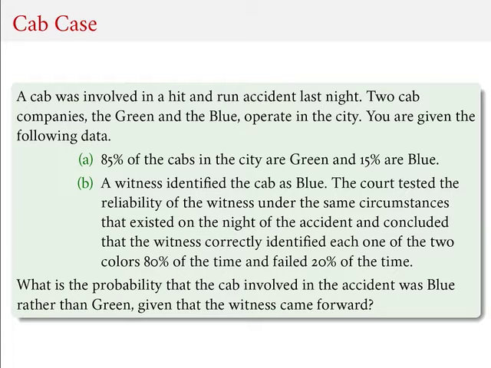So we are asking, what is the probability that the cab was blue, conditional on the witness identifying it as blue? That is to say, what is the conditional probability of the cab being blue, given that this witness says it was? So take a moment to think of what the intuitive answer might be to that, the one which comes to mind.